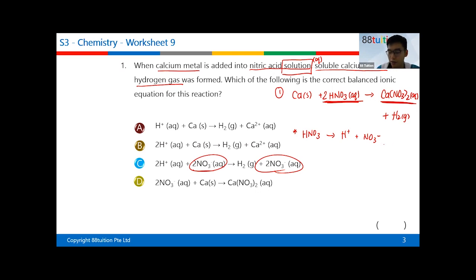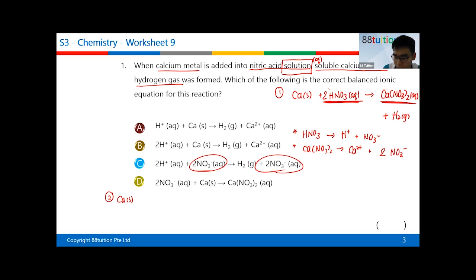Okay, so HNO3 will split into H+ and NO3-. Your calcium nitrate, which is Ca(NO3)2, will split up into Ca2+ and 2 NO3-. So I'm going to split everything at the bottom. Calcium solid has no change because it doesn't split into ions. HNO3 splits into H+ and NO3-.